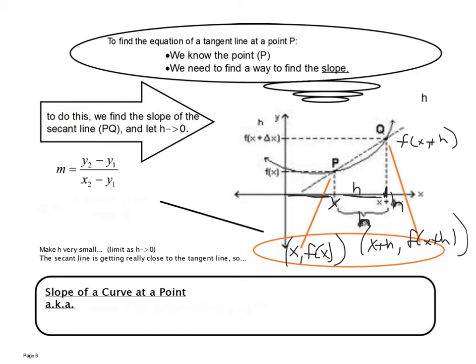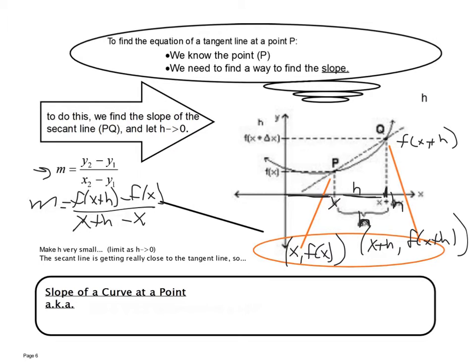All right, so we have some weird looking coordinates, but if we want to go back and find slope, slope would be y2 minus y1, f of x plus h minus f of x, all over x2 minus x1. All right, so if we simplify the bottom, notice that those x's cancel out and we just get h.